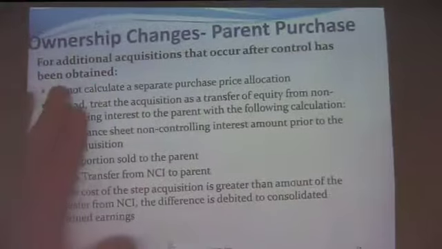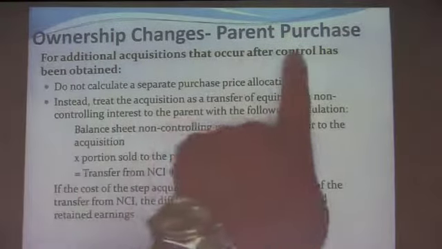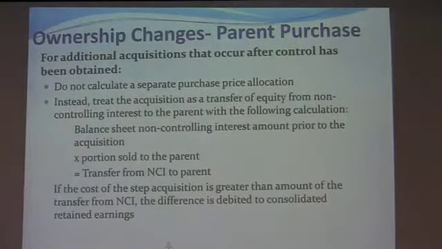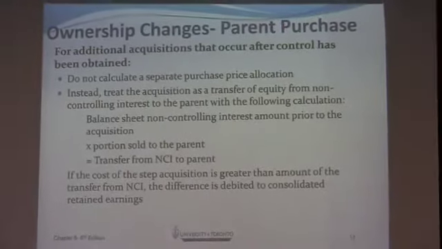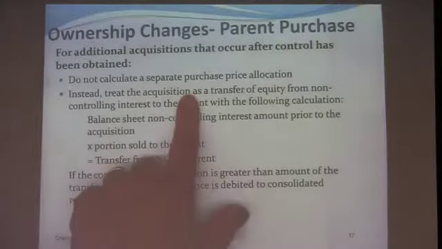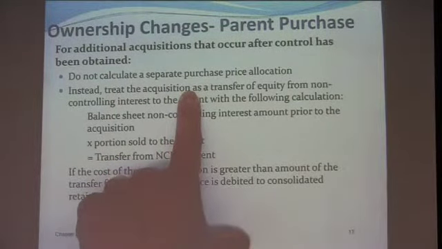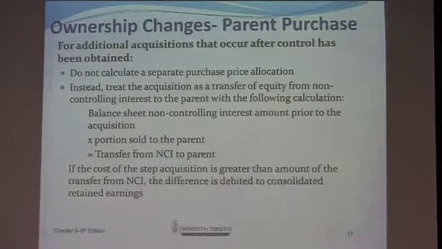So for additional acquisitions that occur after control has been obtained, so let's say on the fourth acquisition we've got control, but on the fifth, let's say we got 60, and then we bought another 10%. What the handbook requires us to do is not to calculate a separate AD, but treat the extra 10%, from 60 to 70, as a transfer of equity from non-controlling interest to the parent with the following calculation.